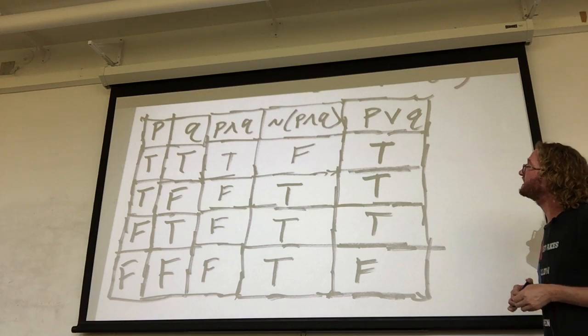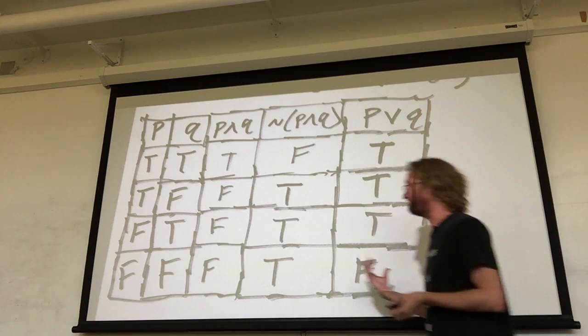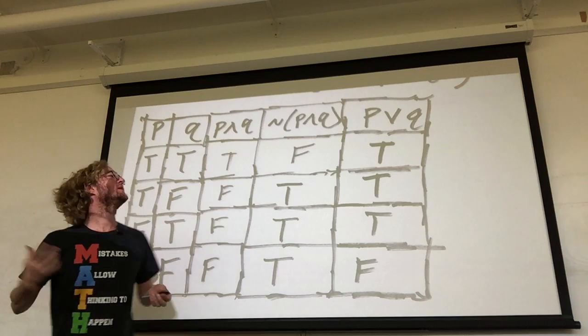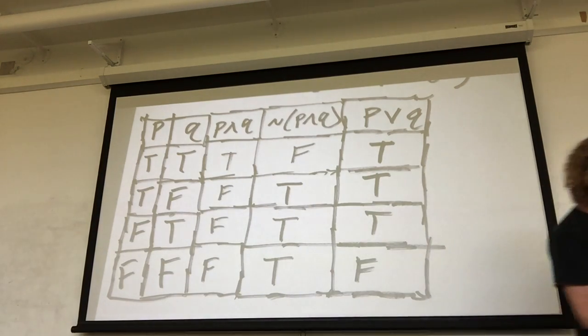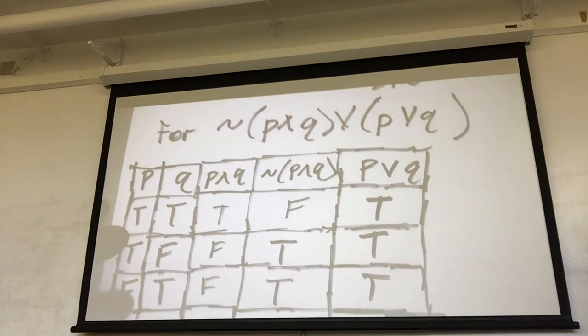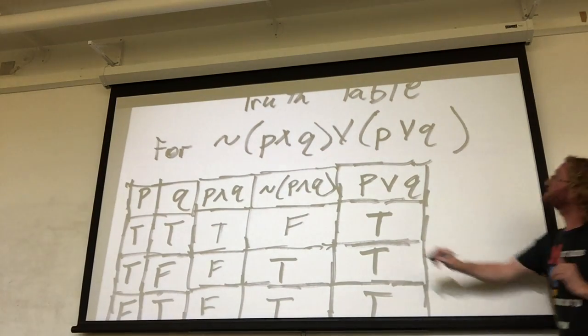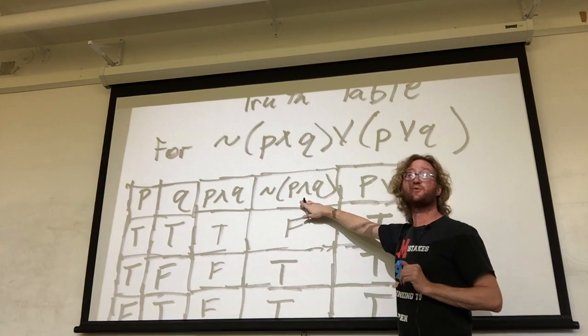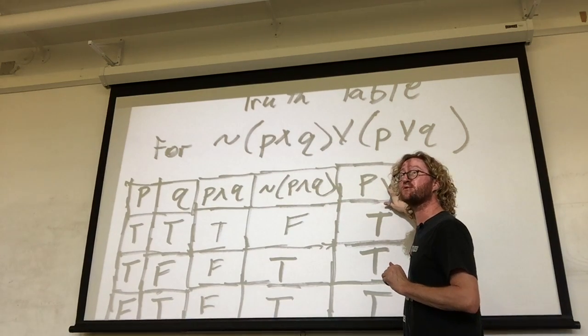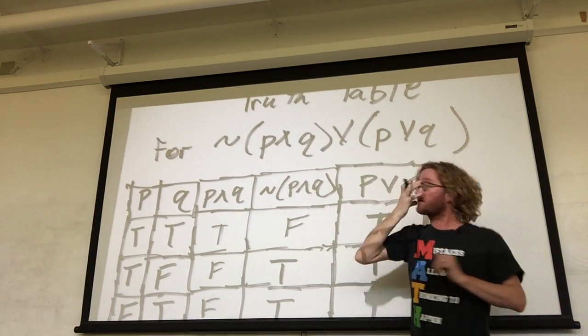Now, we're at the very last step of this problem. What are we looking for? This is union, so this is or. So we're looking, is this statement true, or is this statement true?